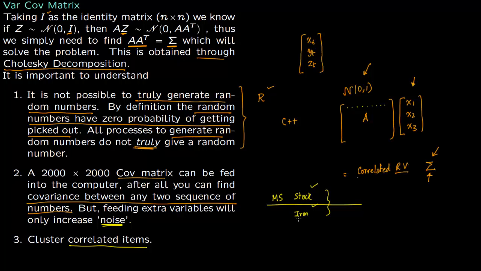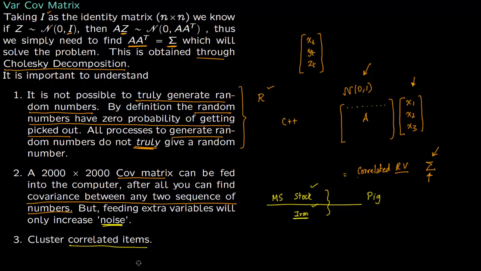So the idea is that there are some things which are substitutable. Obviously you can have a covariance matrix for pig iron, wrought iron, even aluminum. Sometimes you can replace iron with aluminum if aluminum becomes really cheap, or aluminum and copper.